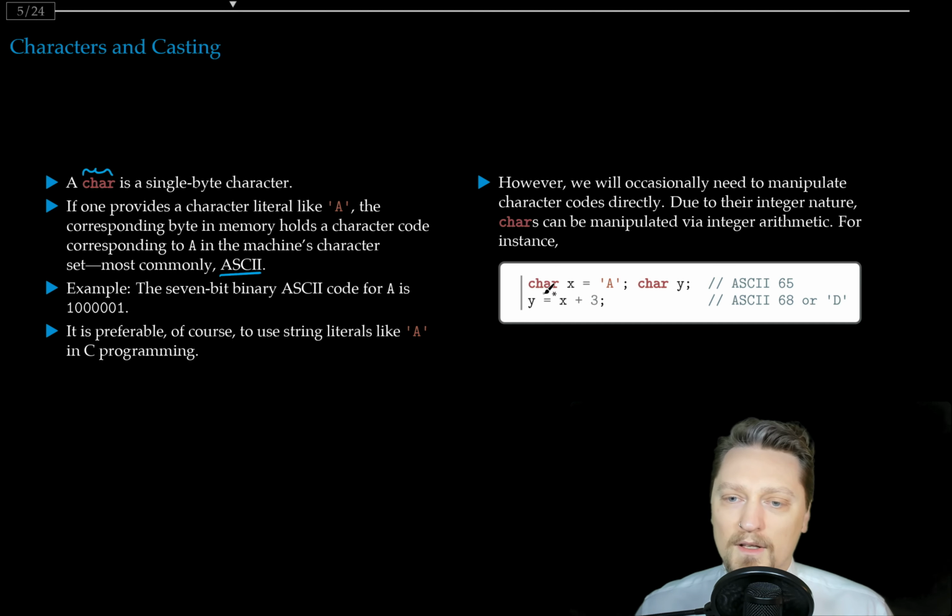For instance, you declare x to be a char and initialize it to the A character, and you declare y to be a char, then you add 3 to x. 65 was the decimal character code for A. If you add 3 to that, you'll get to 68, which corresponds to D. So you can do this integer arithmetic with characters in C.